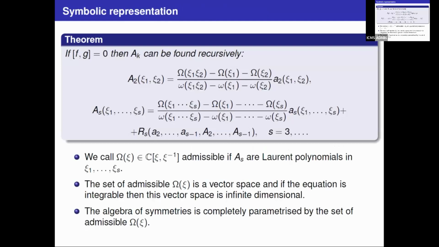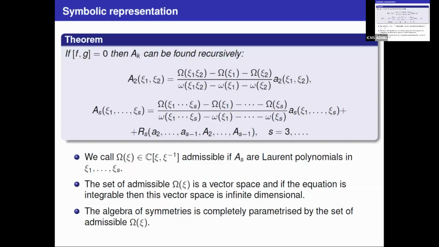However, if these are coefficients of the symbol of the symmetry, they must be Laurent polynomials in their variables, not just rational expressions. And therefore, first of all, these little letters are given by the equation, but the other parameter we have is the linear part of the symmetry.